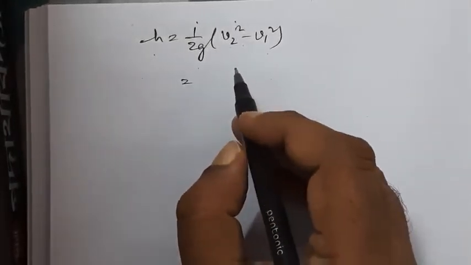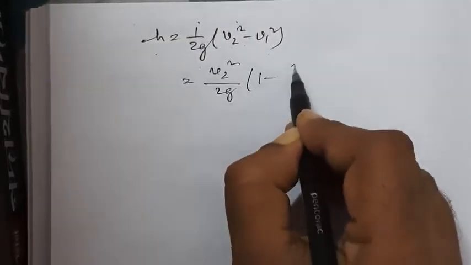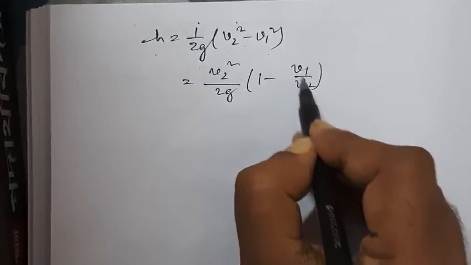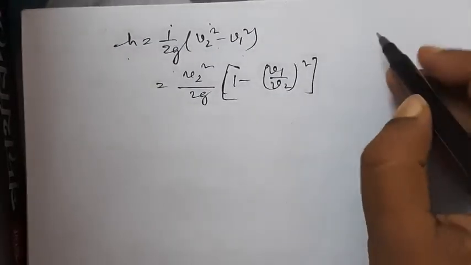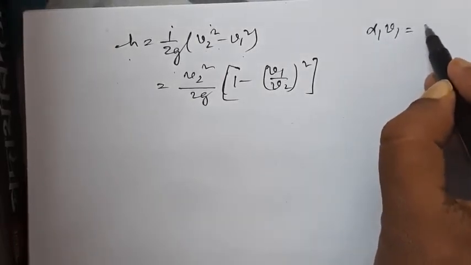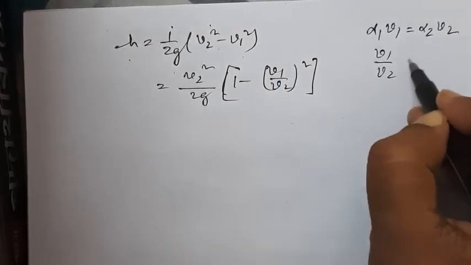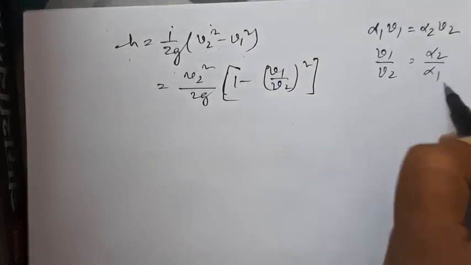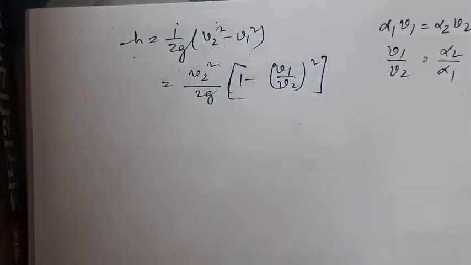If we take V2 square common from it, we get 1 minus (V1 by V2) square, like this. Now using the equation of continuity, alpha 1 V1 is equal to alpha 2 V2. From this we can write V1 by V2 is equal to alpha 2 by alpha 1. So we can replace V1 by V2 with alpha 2 by alpha 1.